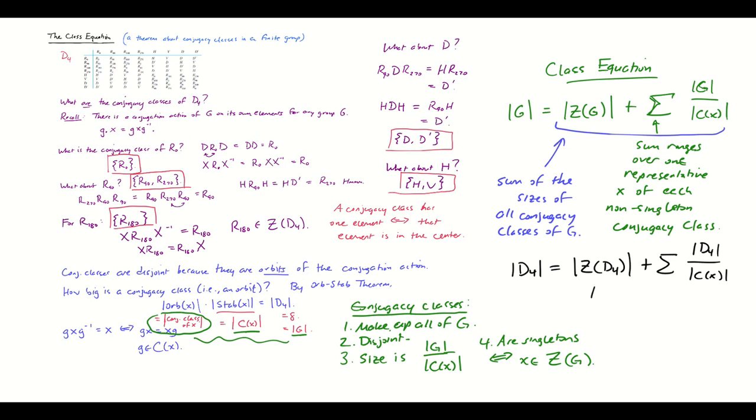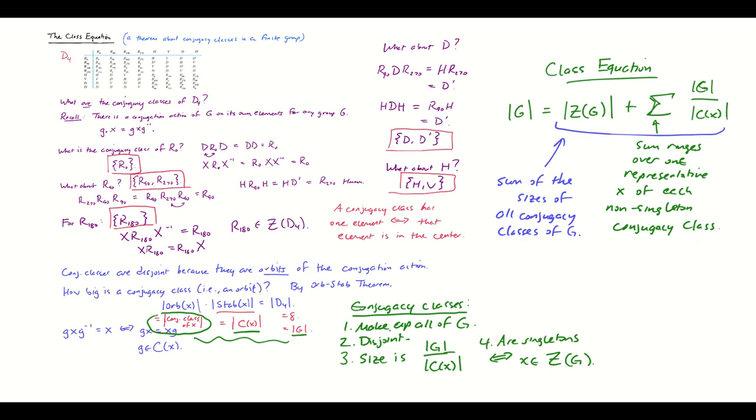So in this case, the center was 2, consisting of R0 and R180. And then that means this sigma here is going to end up representing 6. That's not a sum over 6. I'm just saying that this whole sum is equal to 6. But what were these? These were D, D prime, H, V, and R90, R270.